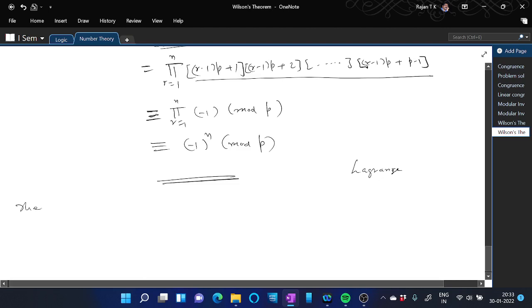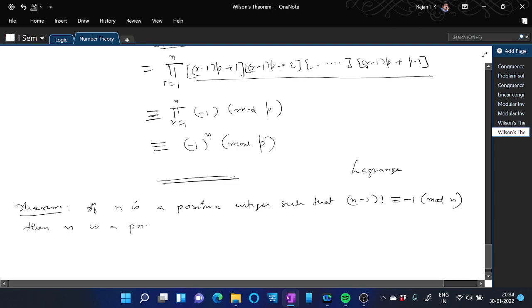The theorem is this: if n is a positive integer such that n minus 1 factorial is congruent to minus 1 mod n, then n is a prime number.